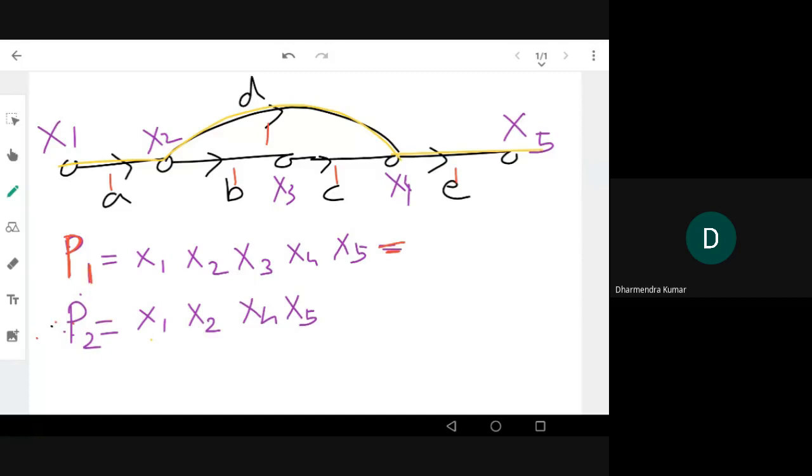First path. This is the first path, and this is the second path, through D. Okay, so what is the gain? A into B into C into E. So A into B into C into E is P1, the forward path gain of the first forward path.